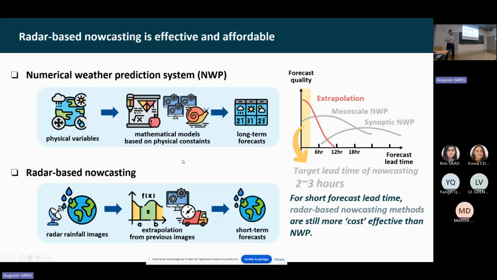And the most important thing is you just need a very standard workstation PC to run radar-based nowcasting, so it's very cost-effective. So today's methods we developed are all based on radar-based nowcasting.